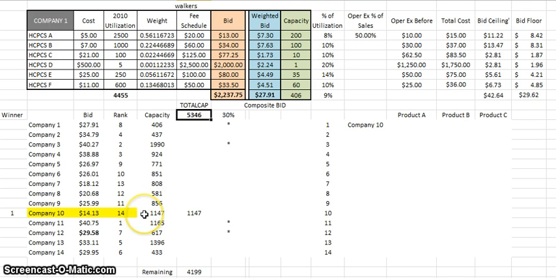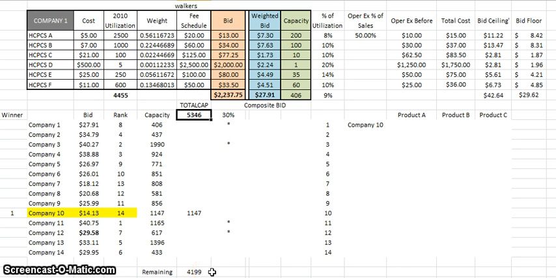In this case, they said 1,147 units. So CMS is going to reduce the capacity by the amount of units that company 10 said they could furnish, and the remaining amount is listed here, 4,199.